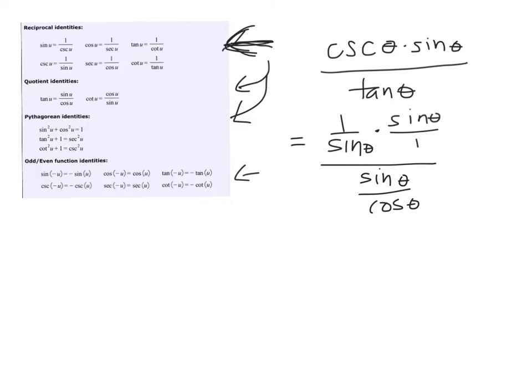So now we want to simplify this. Well, 1 over sine times sine over 1, these two things cancel out, and we're just left with 1. So when everything cancels, you're still left with 1 because you're dividing a number by itself. So 1 divided by sine over cosine.